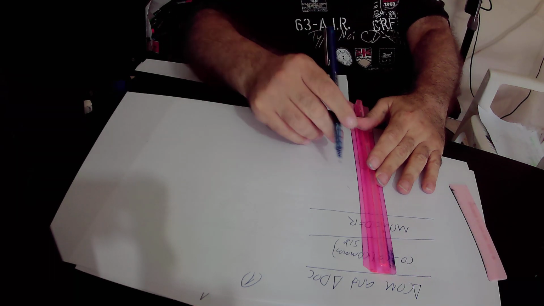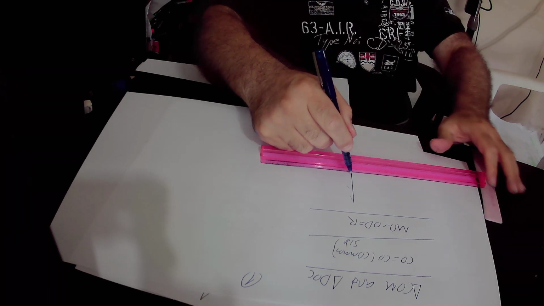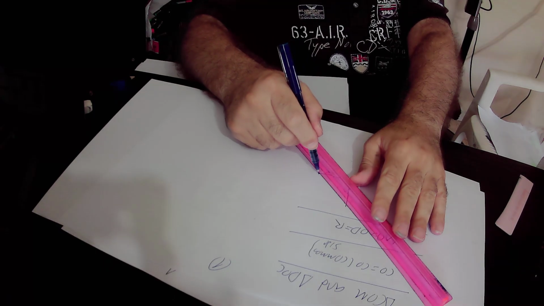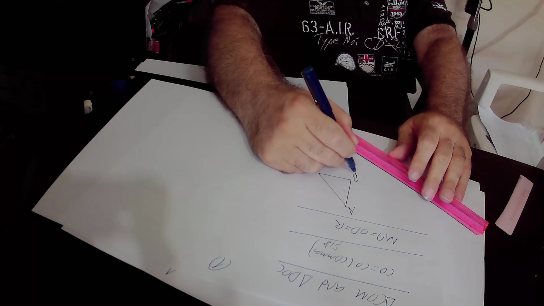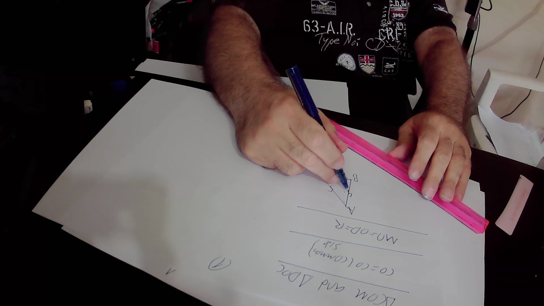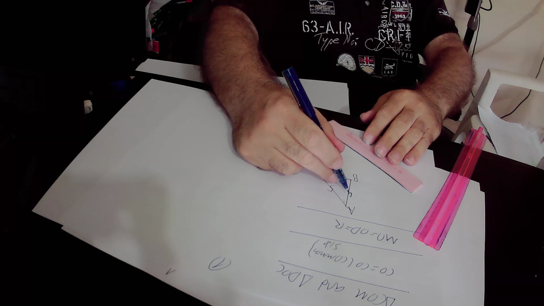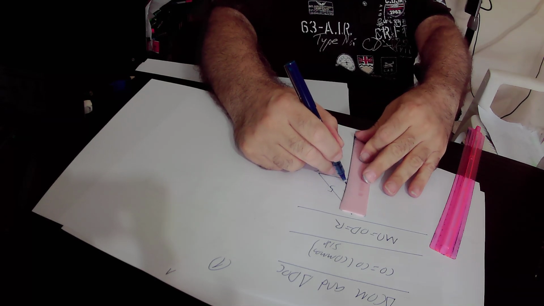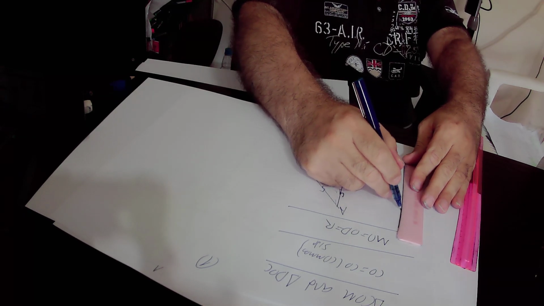Because if, for example, we have two right triangles, the right triangle, triangle ABC, and we also have the right triangle, triangle DEF.